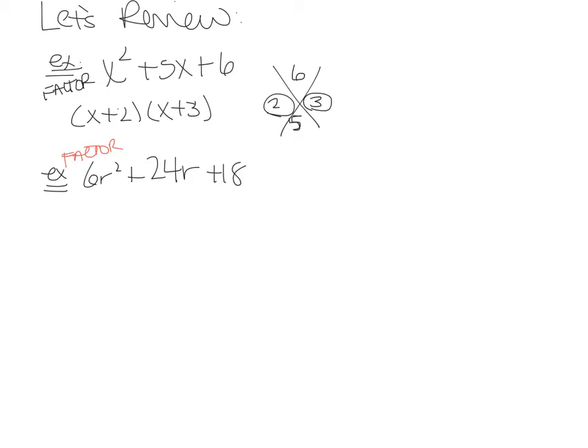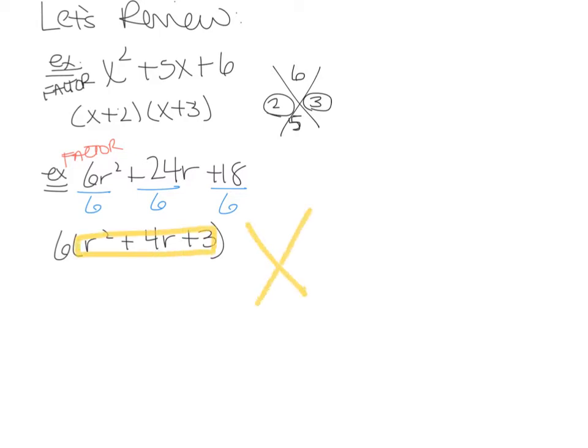Yes. What is it? It's 6. So I'm going to divide everybody in this problem by 6. So I'm left with r squared plus 4r plus 3. Am I done? No. What do I have to do now? Well, I have to do the X method with the leftovers.